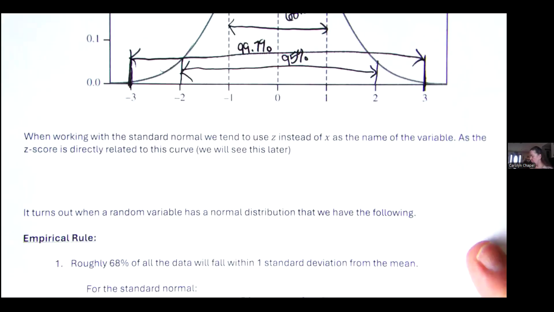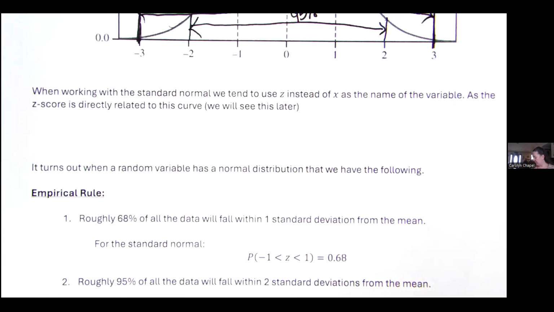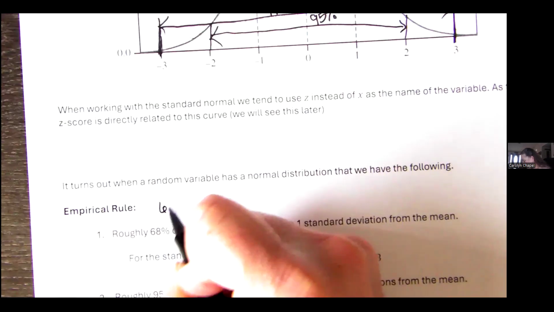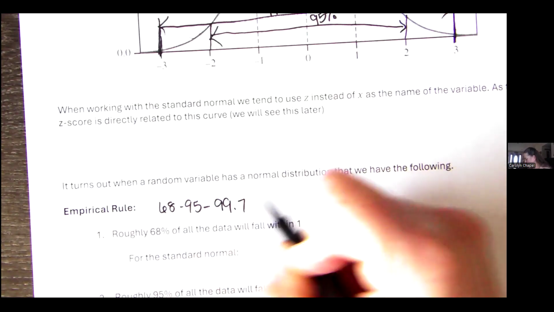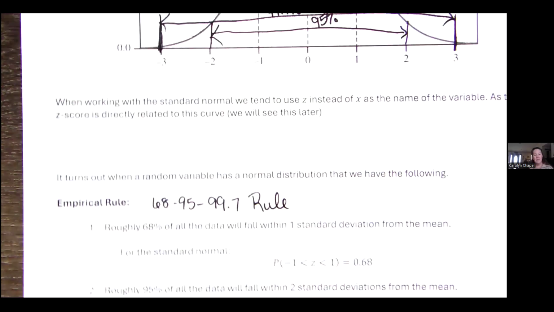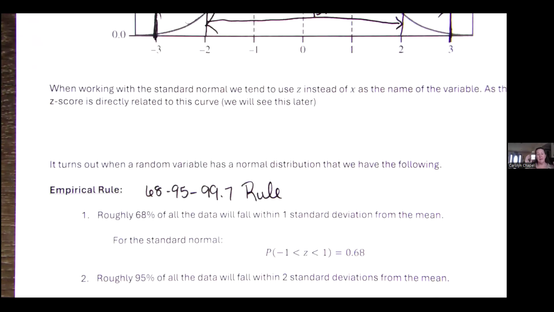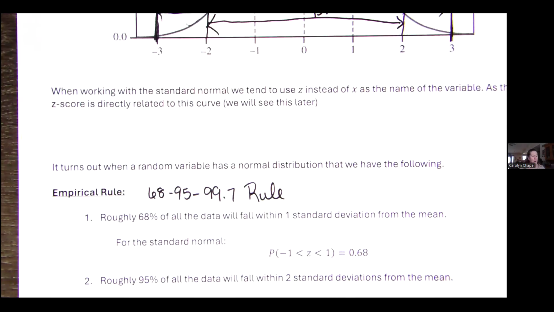Some places when you read this empirical rule, they will refer to it as the 68, 95, 99.7 rule for obvious reasons. We get 68, 95, and if we're going down 3 and up 3, we get 99.7.